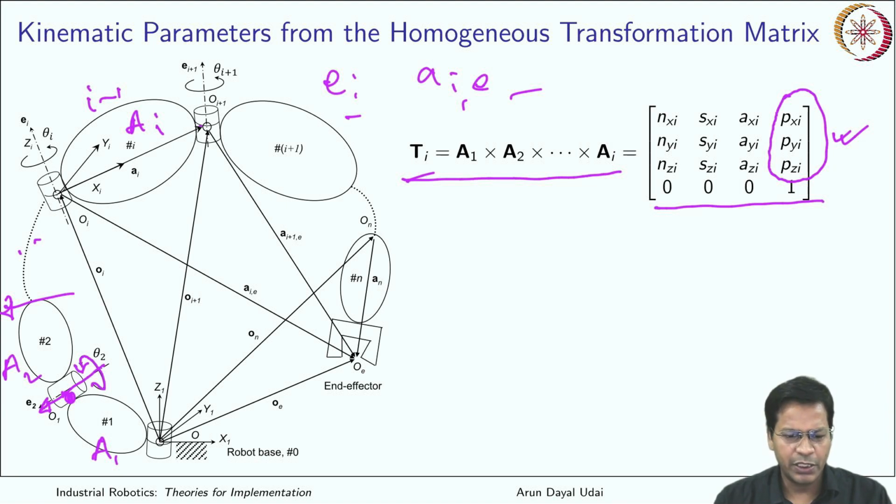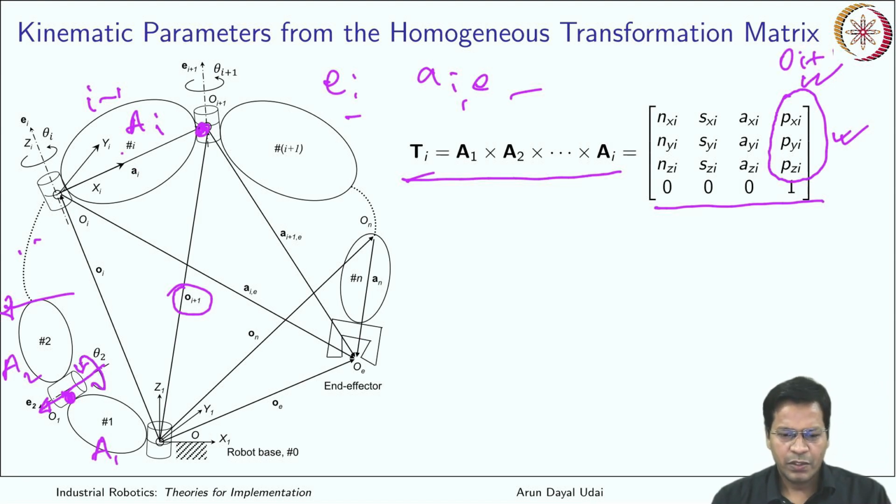This was giving me the position of this frame. If you take it till I, it should give you this. So what is that? That is nothing but the position vector of this, that is attached at the end of the ith link. So it quickly gives me OI plus 1.